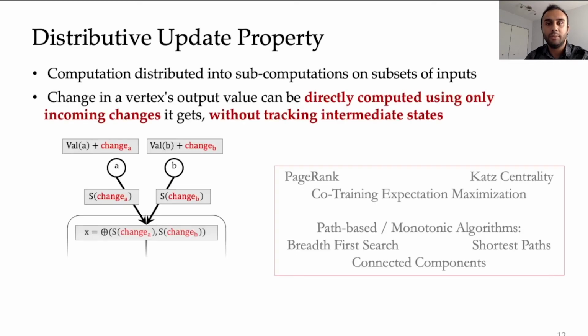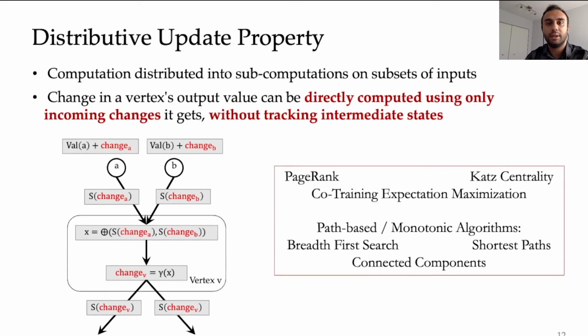The cool thing about this property is that it enables us to directly compute the change in a vertex output value using only the incoming changes it gets, without requiring to track or reconstruct the intermediate states. This property is general enough and it captures a big group of graph algorithms.